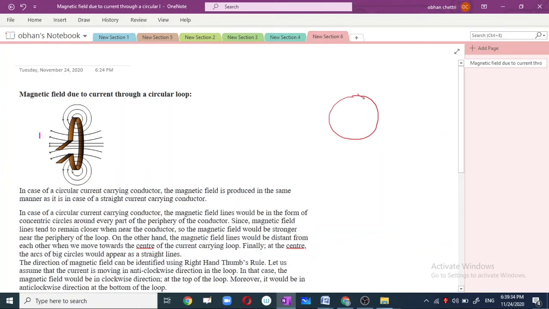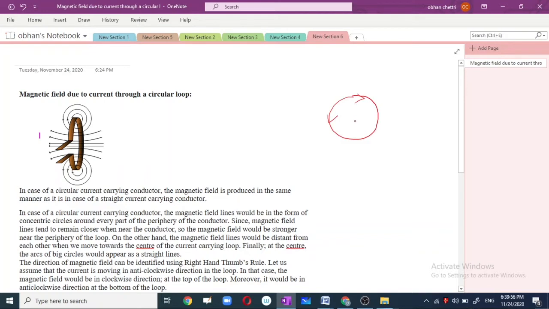clockwise or anti-clockwise. Now before coming to this topic, I would like to remind you about the last concept, the right hand thumb rule, which was for a current carrying straight conductor.